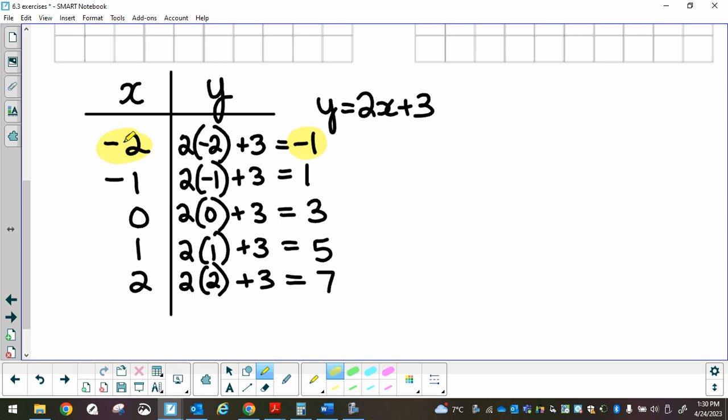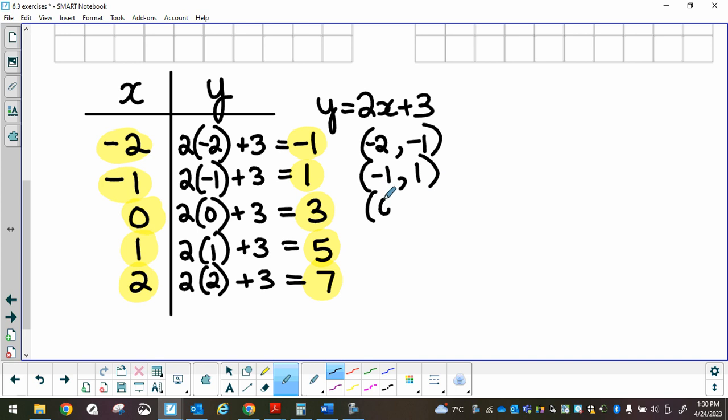There's your first point, -2 and -1. These are your points to plot on the graph. If you want to write them out like little ordered pairs, you can. These are the points I'm going to graph.